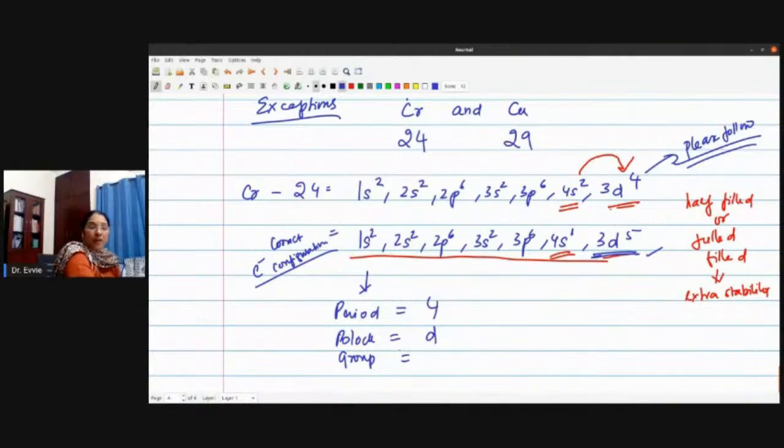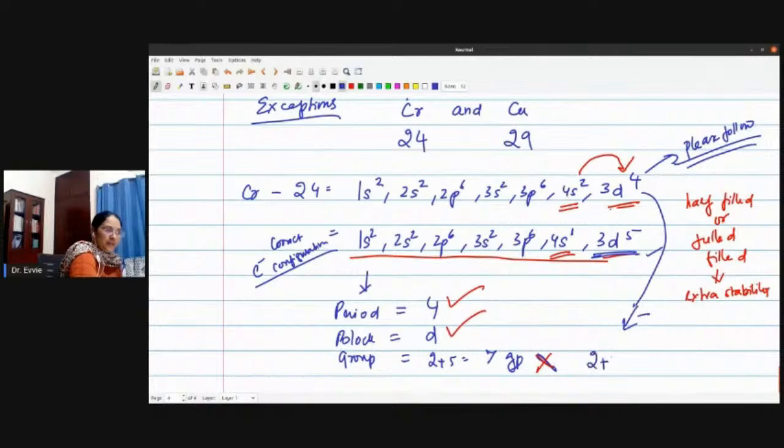Group for D block, how do you write? 2 plus the number of electrons, so 2 plus 5, it has to belong to 3D, sorry, 7th group. But this alone is wrong, okay? This is right, this alone is wrong. So I will write as per this electronic configuration, so that will be 2 plus 4, which is equal to 6 group. So this will be your correct answer.